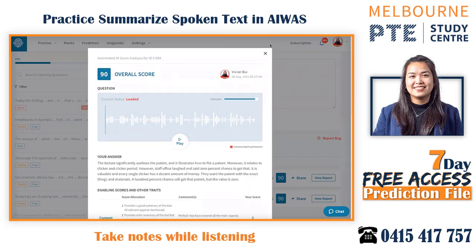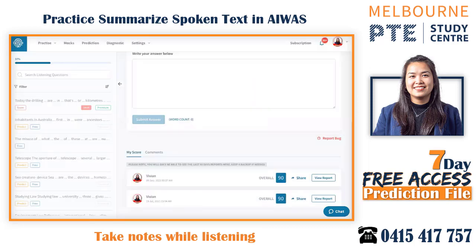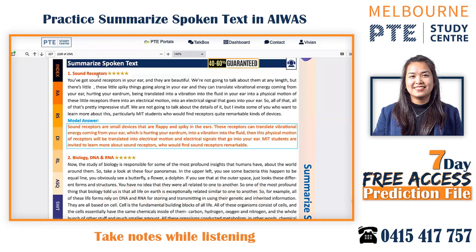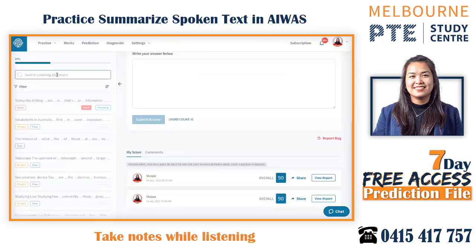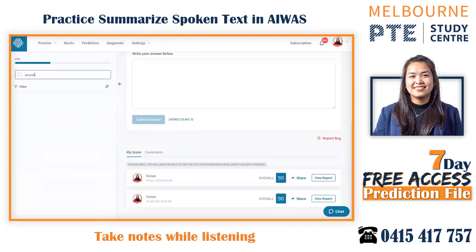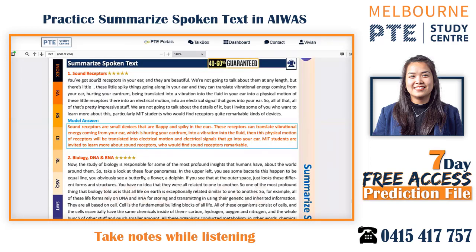So for example, what is the question in the prediction file? Sound receptor. I'll just click search. It doesn't show me. Let's try receptor. It doesn't show me either. What is this about? Let me see.